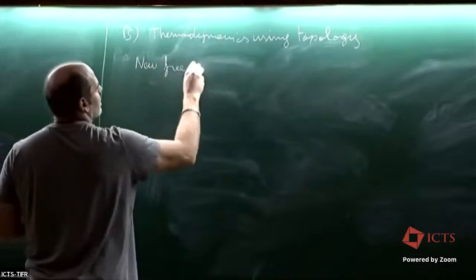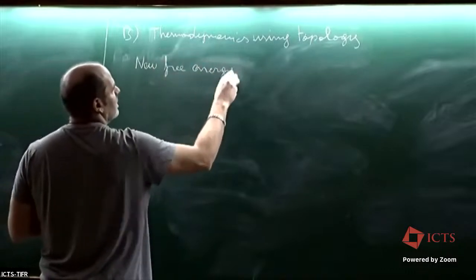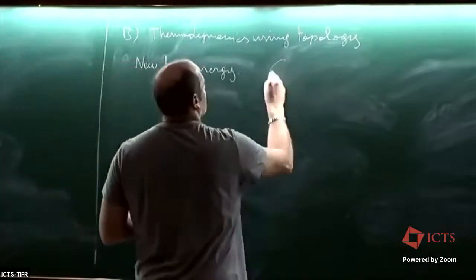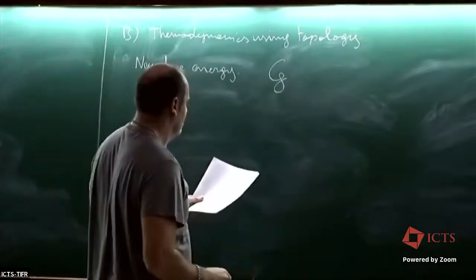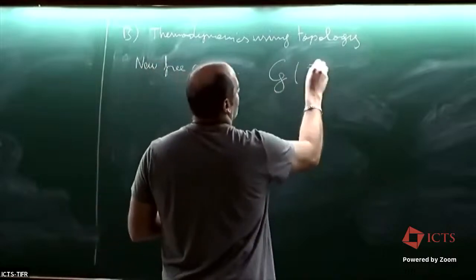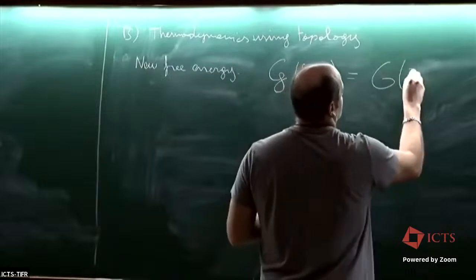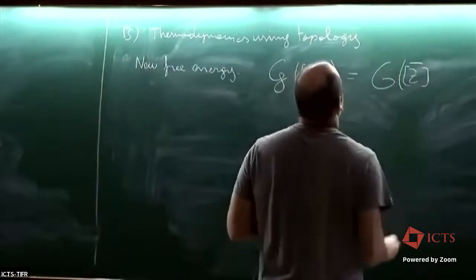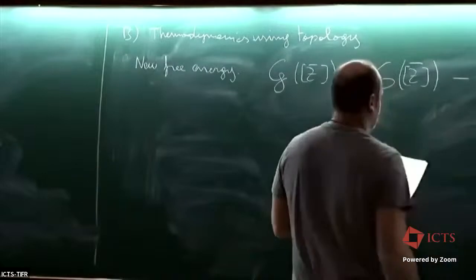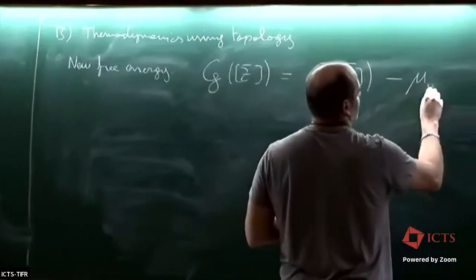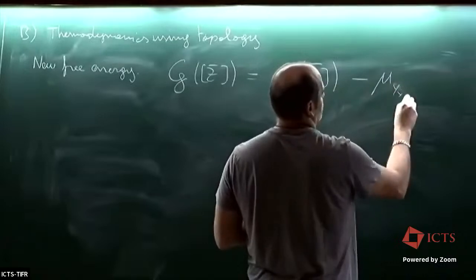And now we'll also understand why discussing moieties was important. We call it G curly. And it's simply the old one that we used, but this is very similar to what one does in the grand canonical ensemble.